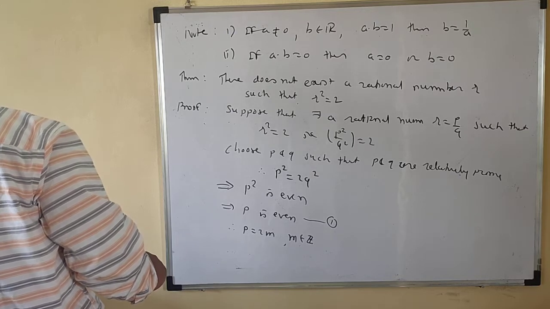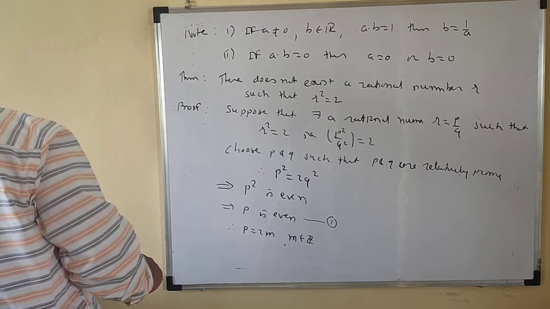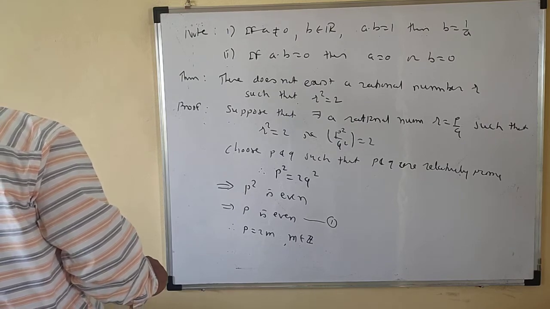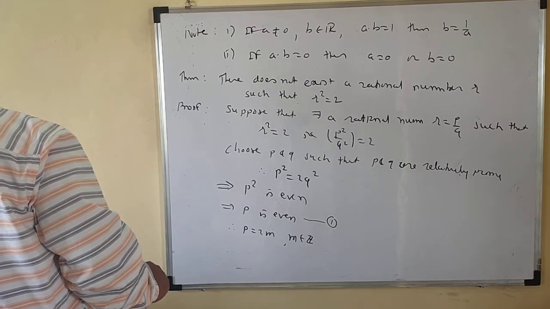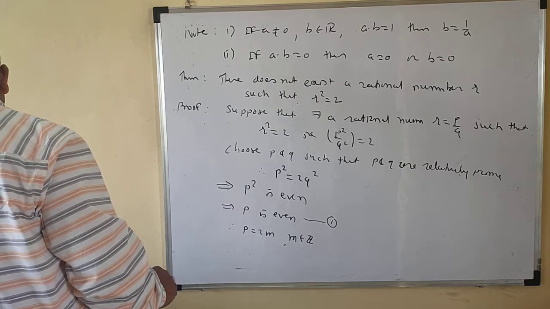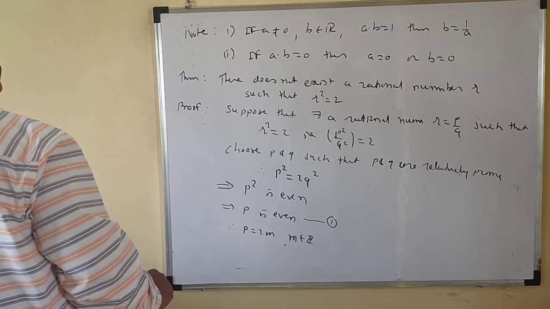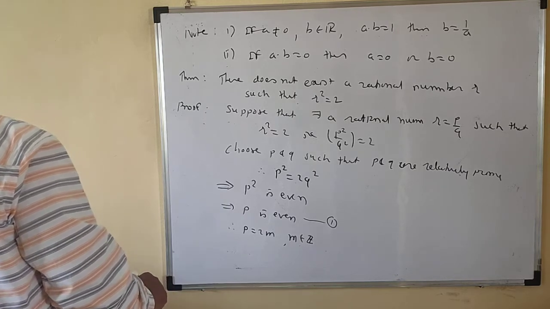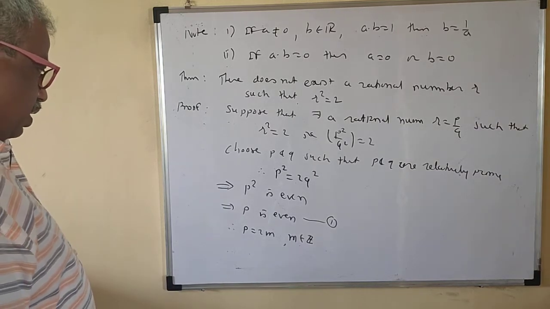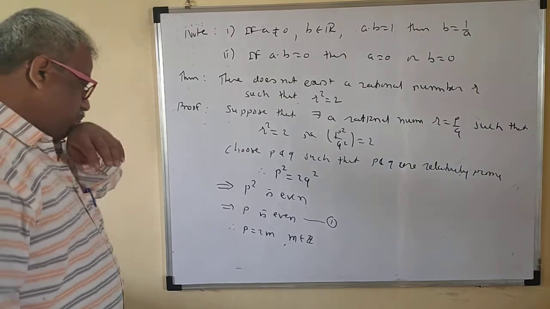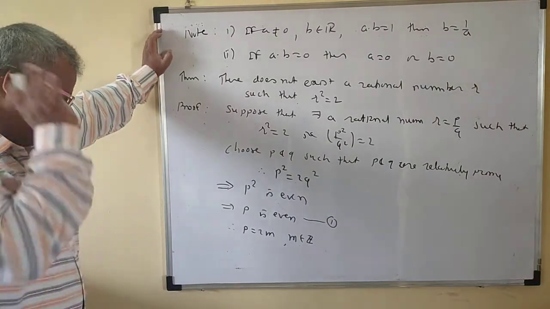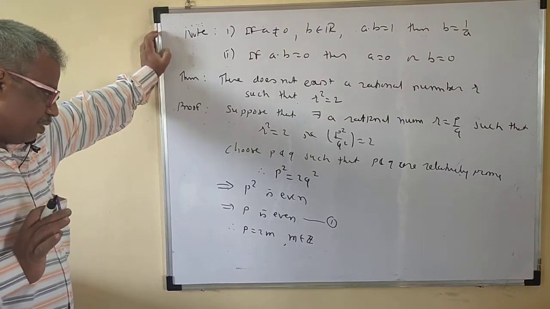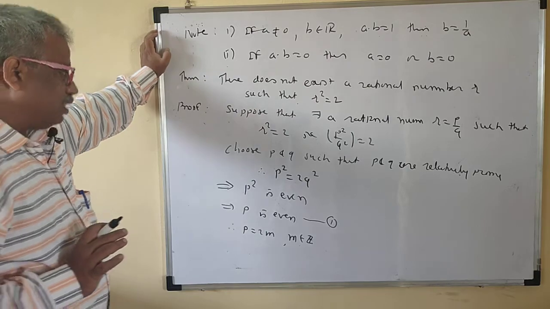Okay, so P is even, because if P is odd, then P square is also odd. Product of two odd numbers is an odd number, product of two even numbers is an even number. So P is equal to twice M now.